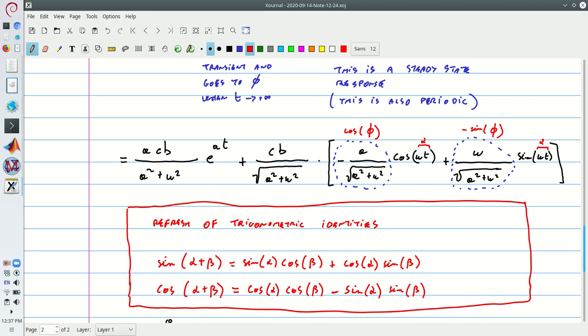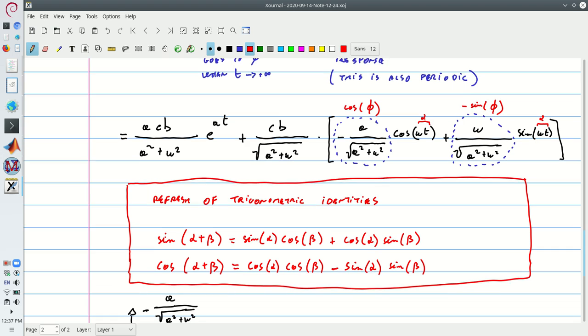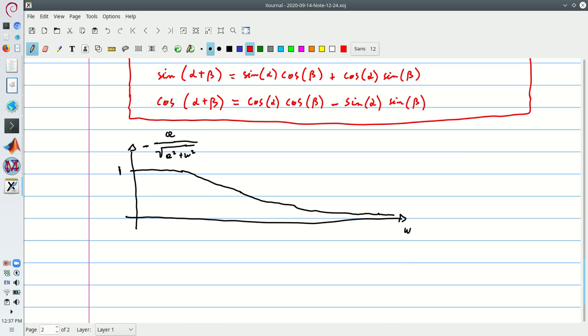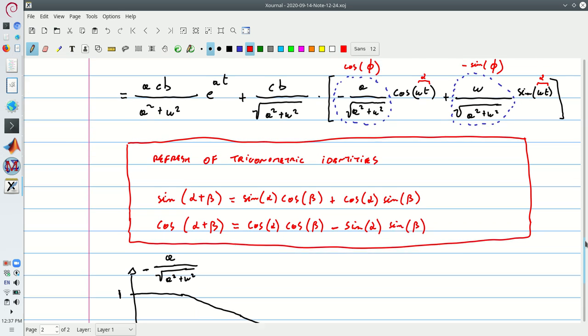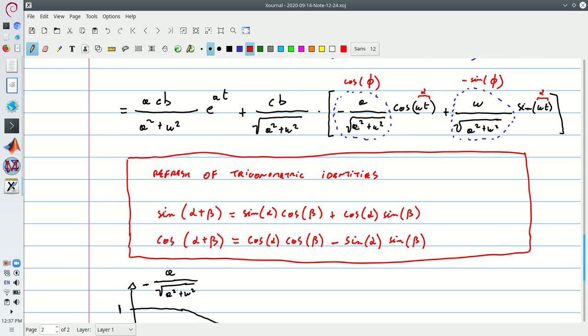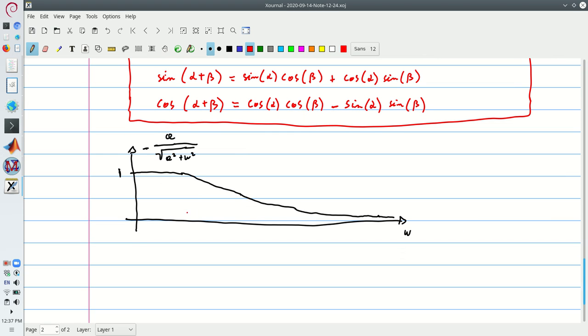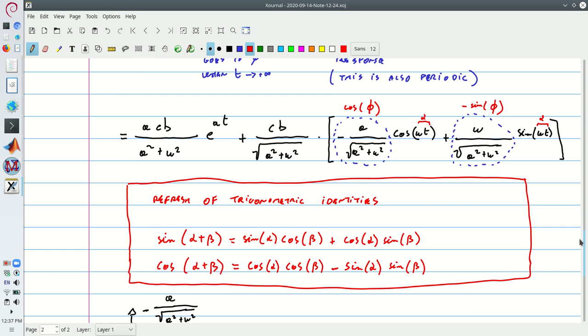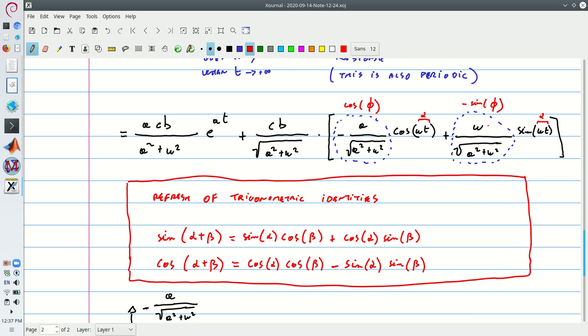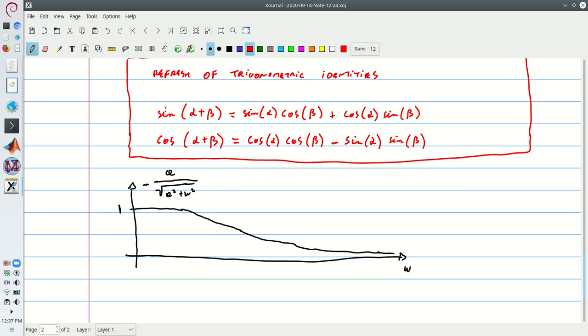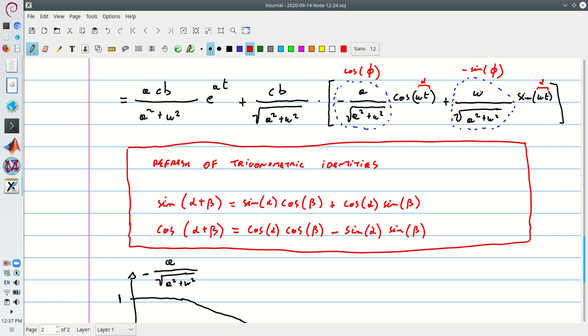So this is my cosine of phi, and this is my sine of phi, because I prefer to call it phi. This is a quantity that when omega changes from 0 to infinity behaves like this, and the same can be done for this other quantity as well. We can compute what this quantity looks like for omega equal to 0, and then make omega go to infinity and so on.